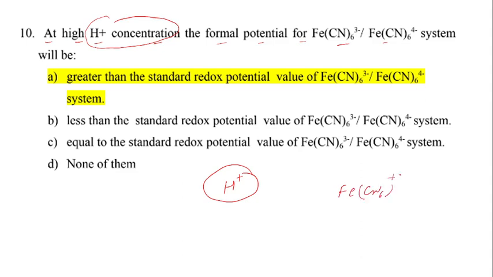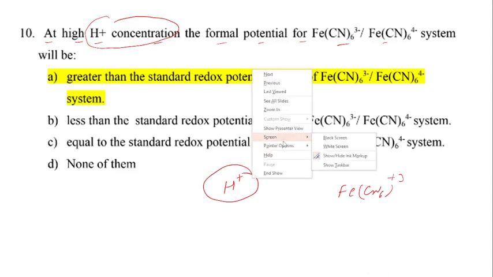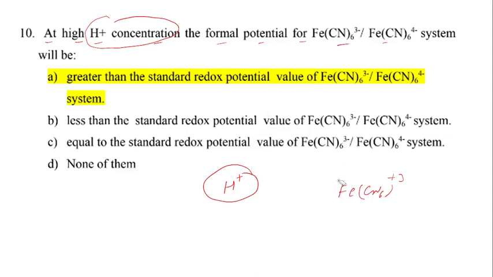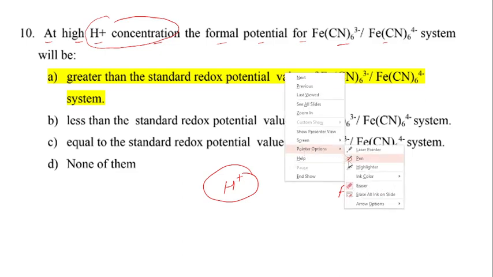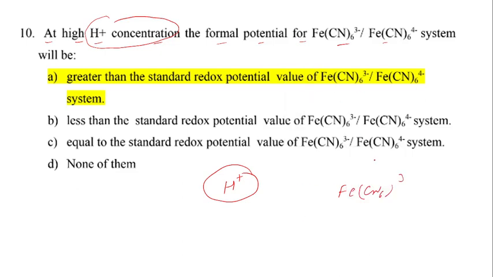So here Fe is in plus 3 form. Sorry, it will be negative. Just a minute. Okay, it is minus 3. How is it formed? Initially it is Fe plus 3.